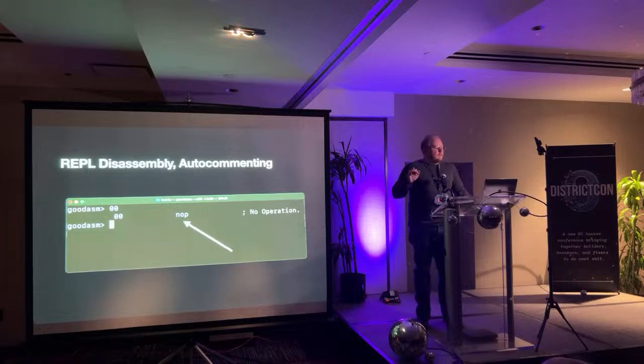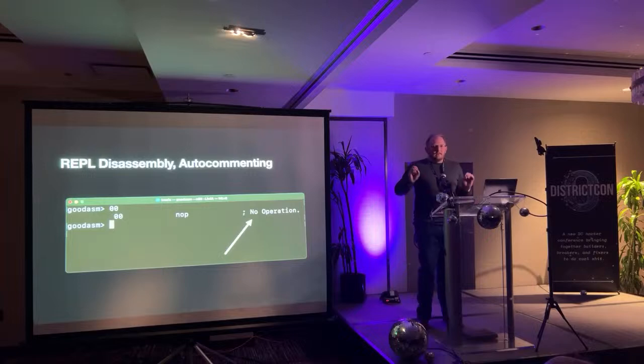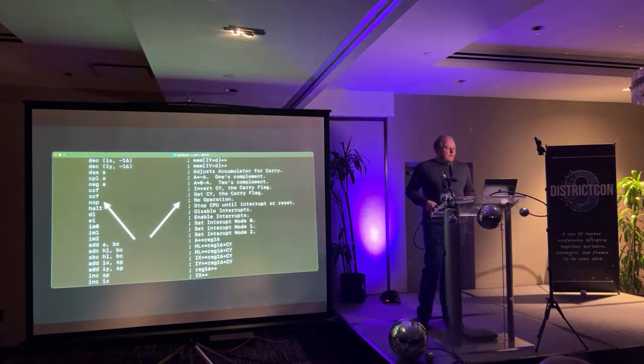You can also tell it to add the comment automatically to the end if it's not already there, which is handy when you're absolutely brand new to an instruction set and don't yet know what the verbs mean. And then, of course, this also pops up in the help menu, the cheat sheet menu, to let you know which operations are available to you.